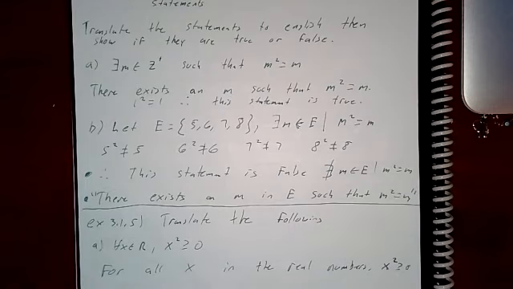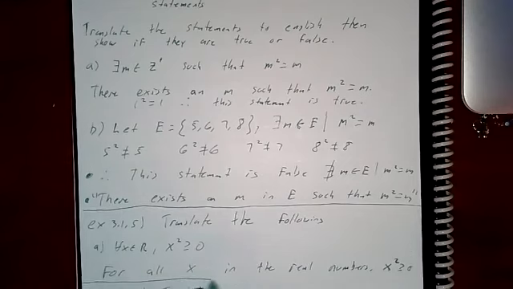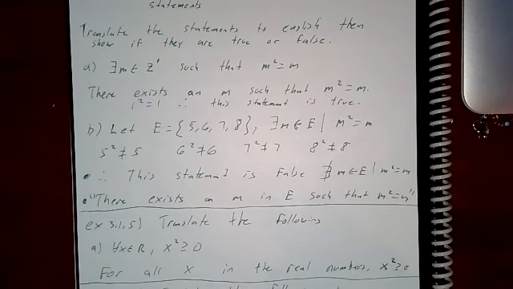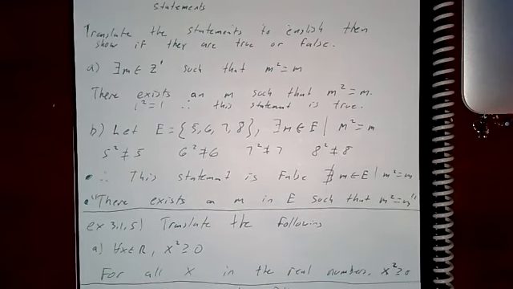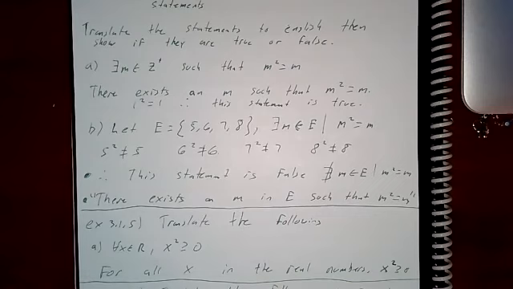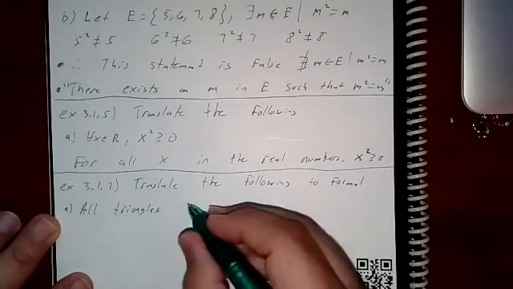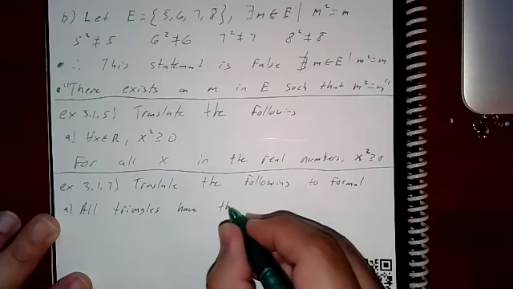The next one will be translating to formal language. So you will see that some things are informal. For example, translate the following to formal from informal, right? All triangles have 3 sides.